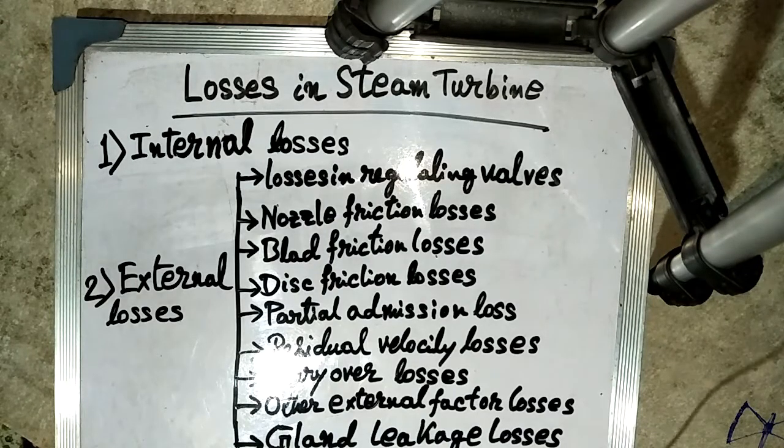In the reaction turbine, where the pressure or enthalpy drop per stage is less due to the lower velocity, the laminar conditions persist over a greater length of passage. So the friction loss is less than in the impulse stage.